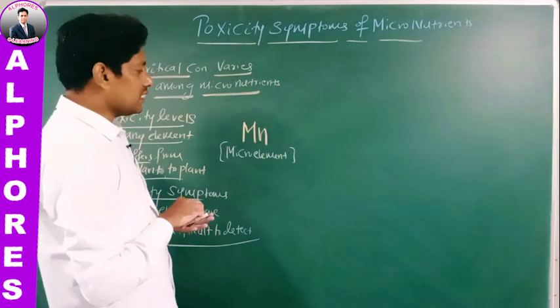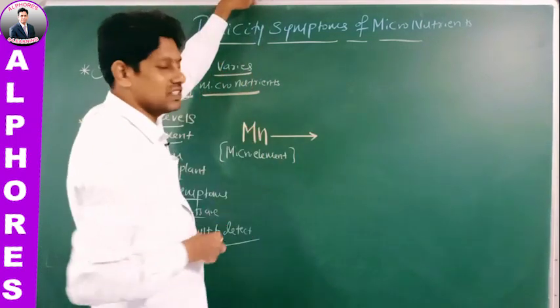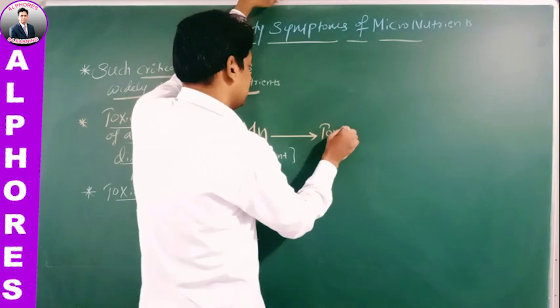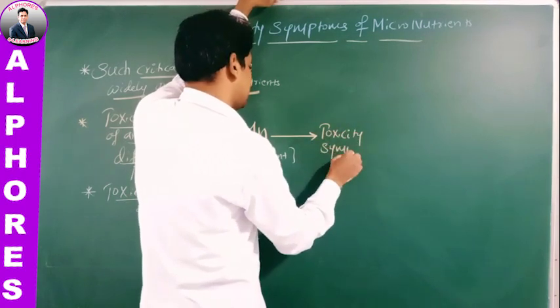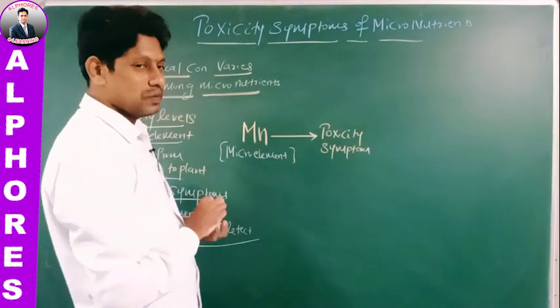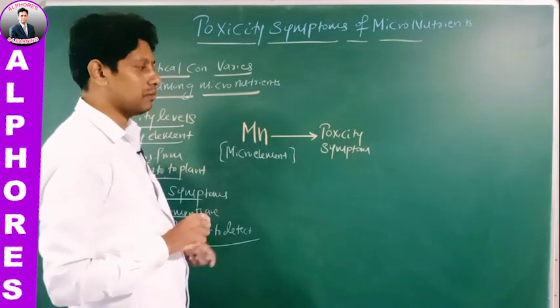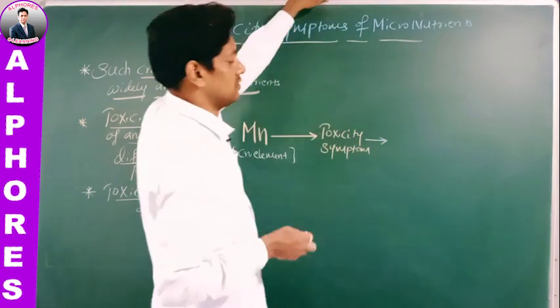If this manganese becomes toxic, what is the toxicity symptom shown by the plant? Brown spots surrounded by chlorotic veins.